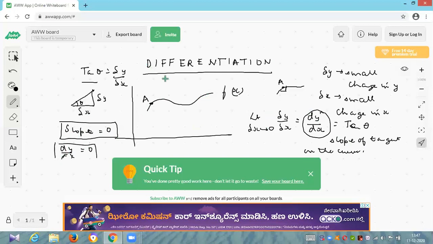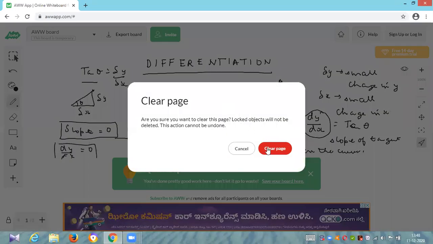So this is the significance of differentiation. What we do is just find the slope of a curve at any given point which lies on the curve itself, right? So the first part that we will deal with in differentiation is called differentiation using the first principle.